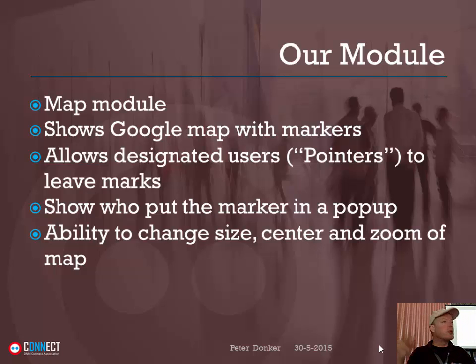I will call them pointers for the sake of this presentation. A little pop-up shows when you click on the marker, with a message. So you get the coordinates and the message, basically. And of course, also centralize the map somewhere and say, I want to show this map whenever someone arrives on the page. That, of course, is for the admin.